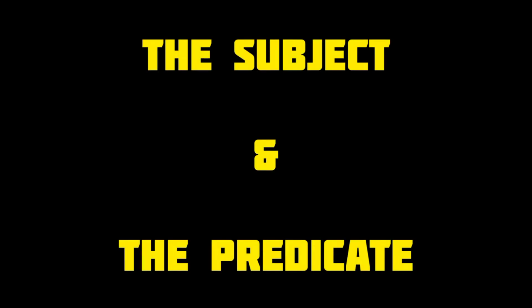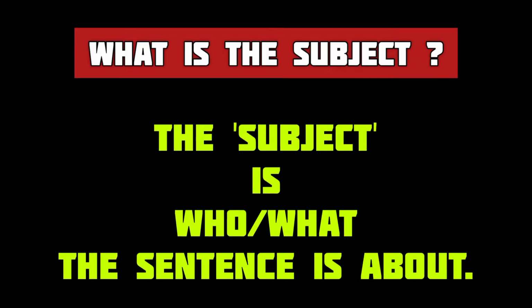Now let's study the parts of the sentence. A sentence has two basic constituent parts, the subject and the predicate. So first off, what is the subject? Which part of the sentence is called the subject? The subject is who or what the sentence is about.